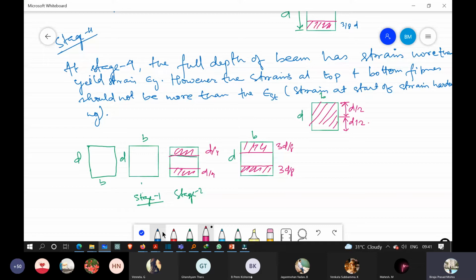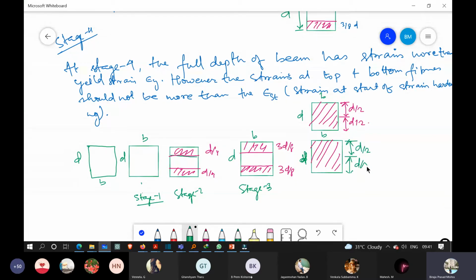And at stage 4 we have, this is B, this is D. Simple, right? D by 2, D by 2. Okay, these are the strain levels.